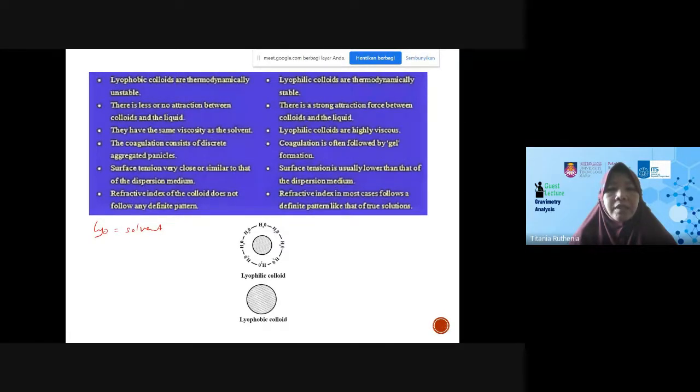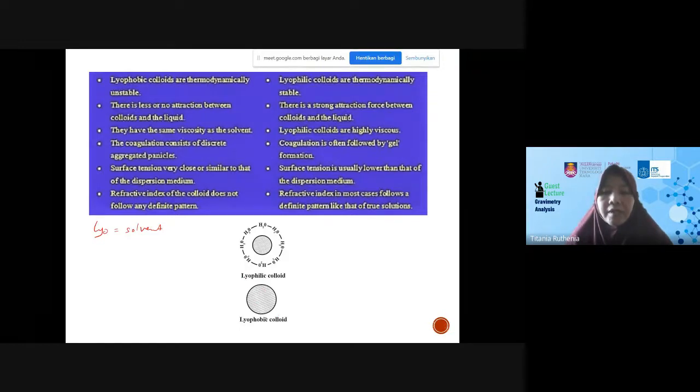So this is the difference between lyophobic and lyophilic colloids. This is the schematic diagram of lyophilic colloids, because it loves water, so it's surrounded by water. This is the lyophobic colloid, because it hates water, there is no water around the colloid. So coagulation is often followed by gel formation.